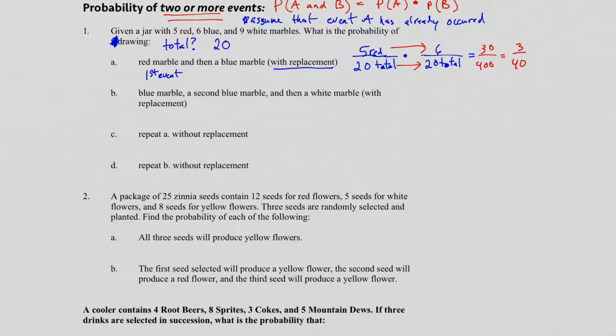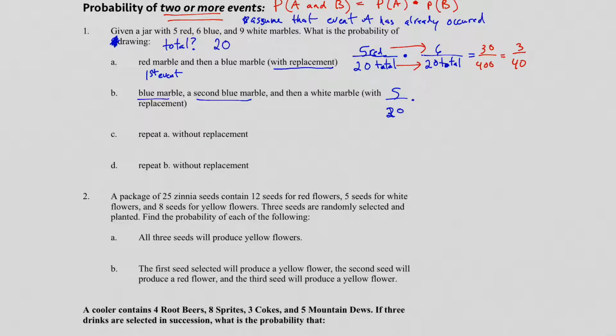So blue marble, second blue marble, and then a white marble. This is with replacement. So blue marble is 5 out of 20. We have, so that's blue marble, another blue marble. Blue marble is 6 out of 20.